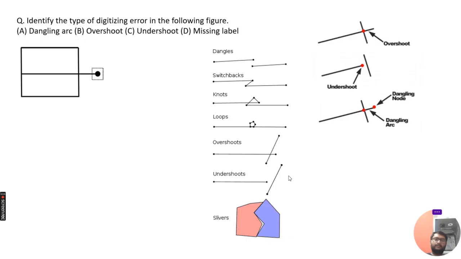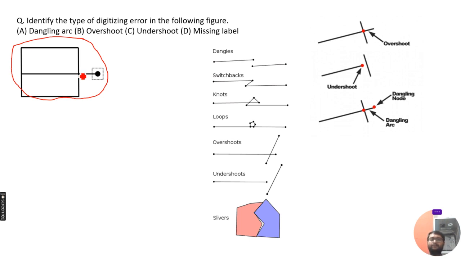So with this, we'll go to our next question, which is: identify the type of digitizing error in the following figure. The figure given here is like this. So which kind of error is this? Dangling arc. Think, dangling arc means overshoot.